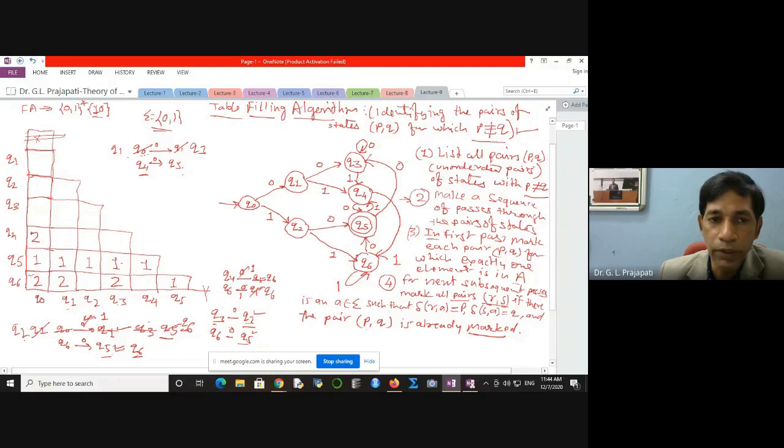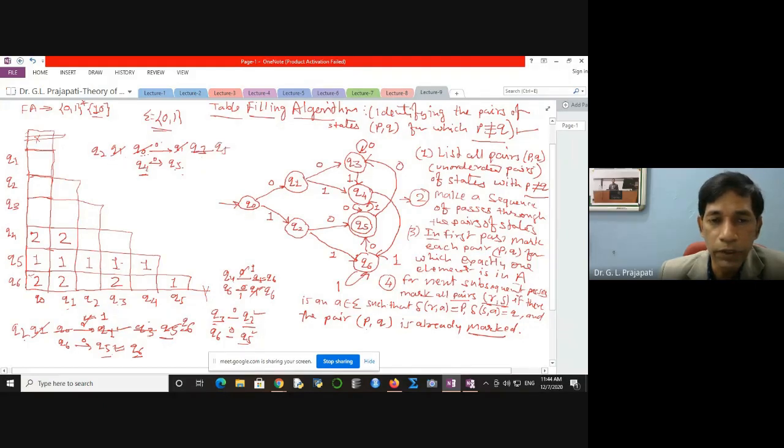So you see that Q1 and Q4 pair can also be marked. So this Q1 and Q4 you are going to mark. Now Q2, Q4, you are going to consider Q2 and Q4. If you are at Q2 and getting 0, you are going to the Q5.